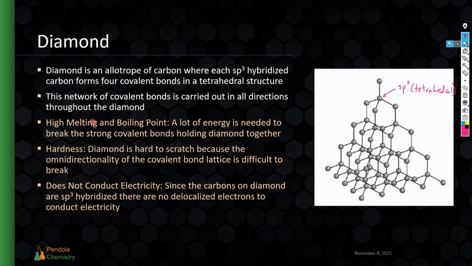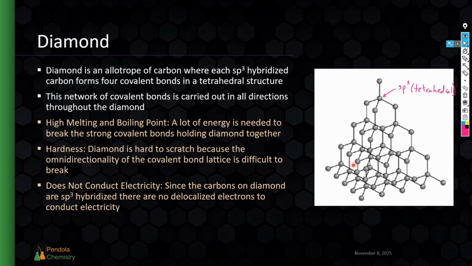So let's talk about the properties of diamond. Diamond has really high melting and boiling points, like all giant covalent structures. They have high melting and boiling points because it takes a lot of energy to break all these covalent bonds when we are melting or boiling diamond.